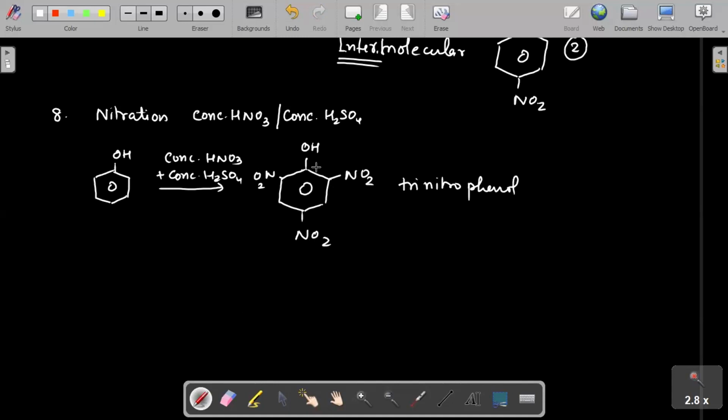And what are the positions? Positions are 2, 4, 6.